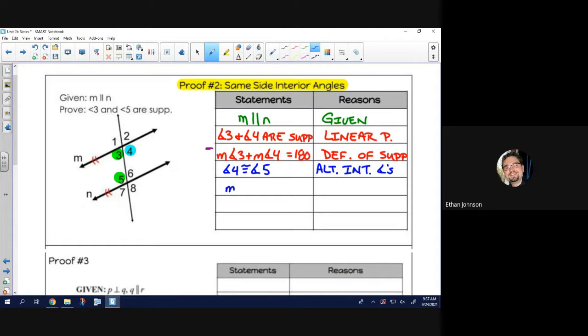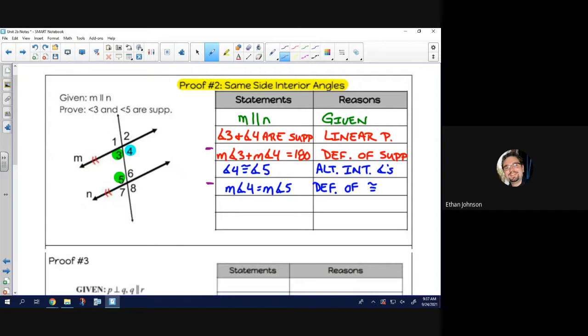I can do measure of angle 4 equals the measure of angle 5. And remember, whenever we go from congruent to an equal or an equal to a congruent, that is definition of congruent. So we are stuck here, so I'm going to put a mark off to the side.